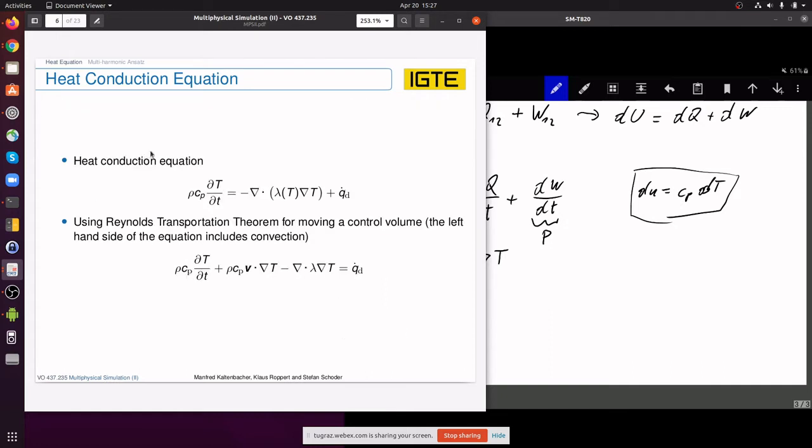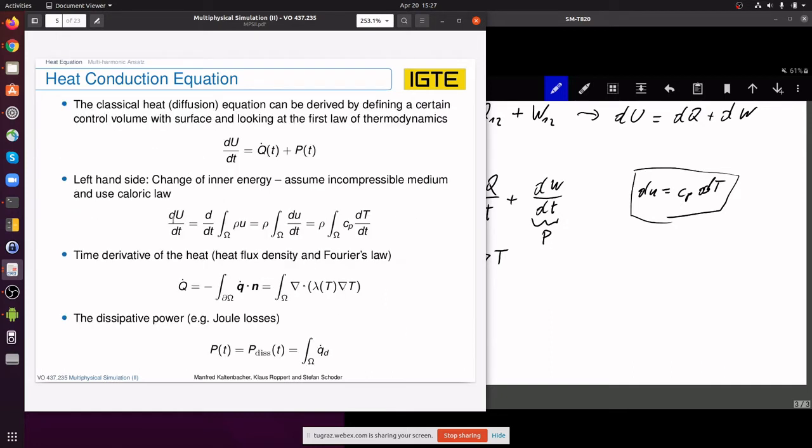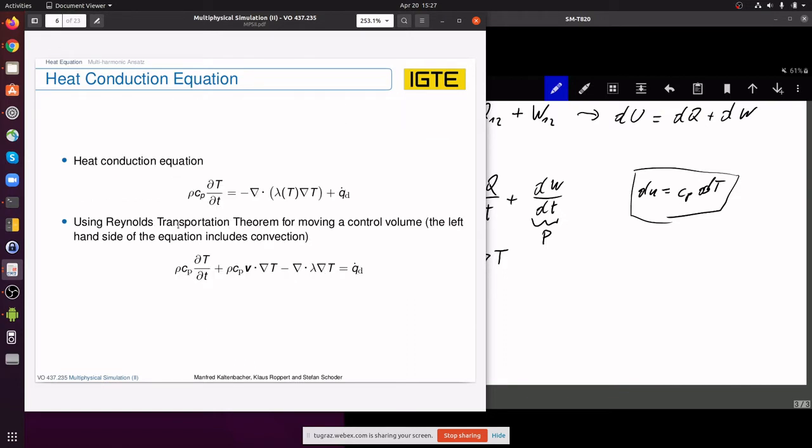Okay, so this is the heat conduction equation, and furthermore we can also include a convective term into the heat equation.